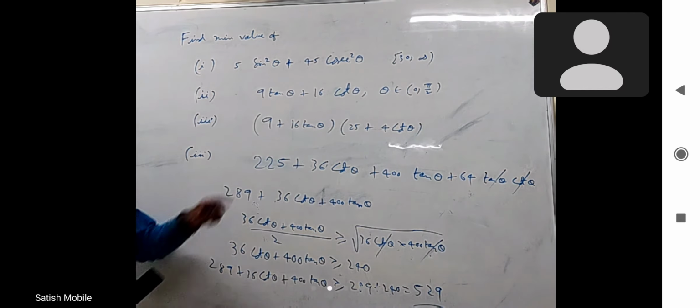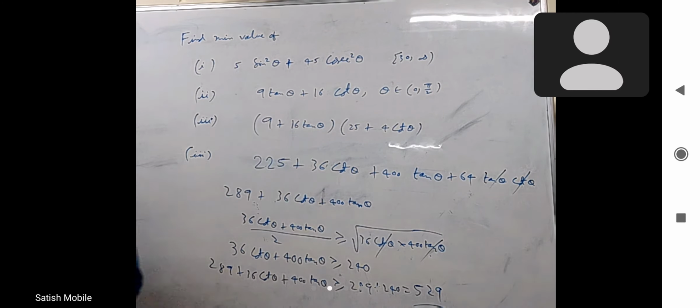So the minimum value of this expression is 529. Later on you may come across these questions in the calculus chapter also, but it is easier to do by AM-GM inequality than using calculus.